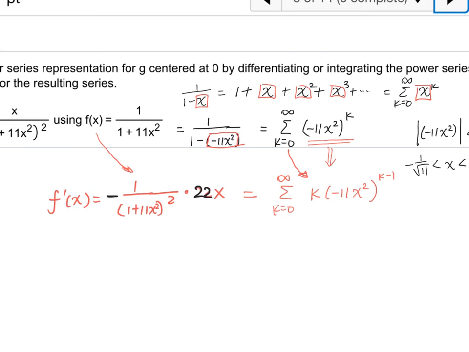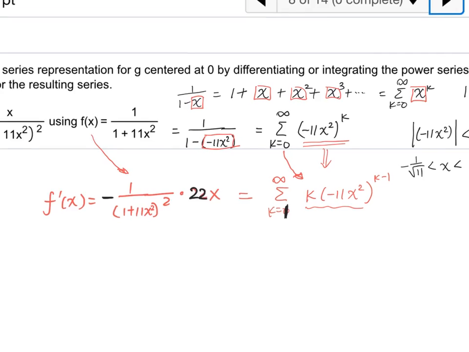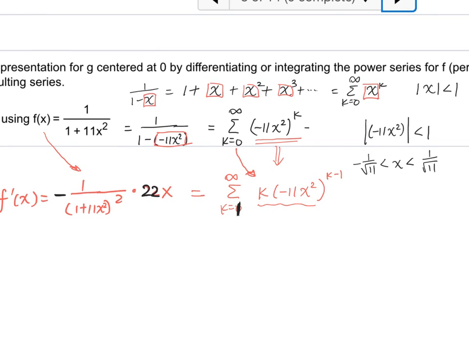And of course, you do know that when k equals 0 right here, that will actually make this term 0. So at this point, I will actually change this index to 1. K starts from 1. And this can also be explained by, when you expand this summation, the first term you have is actually 1, right?